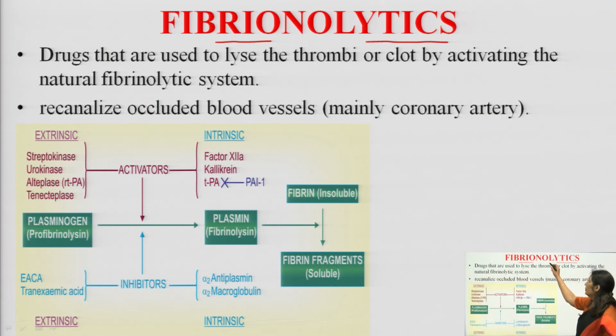So, fibrinolytics means lysis of fibrin threads, that is, lysis of clots. So, fibrinolytics are the drugs which cause dissolution of clot. These are the drugs that are used to lyse the thrombi or clot by activating the natural fibrinolytic system.